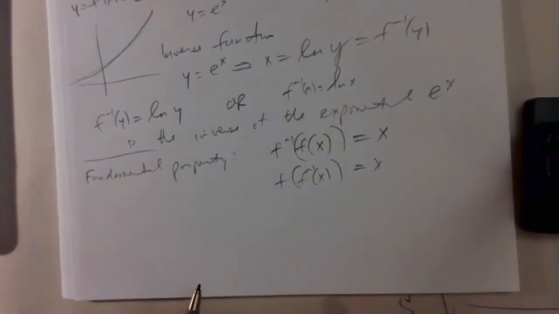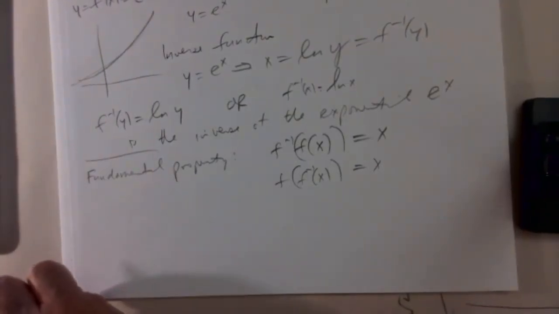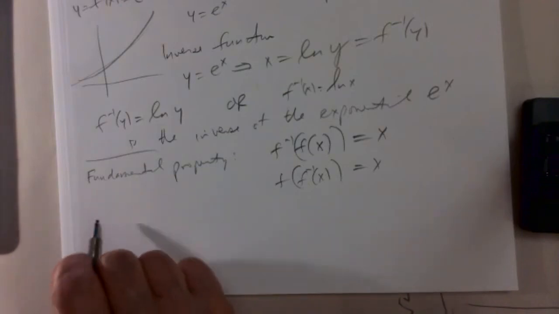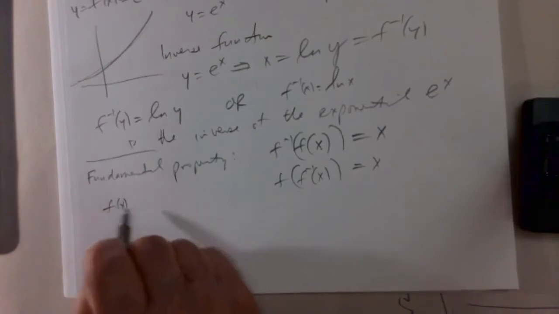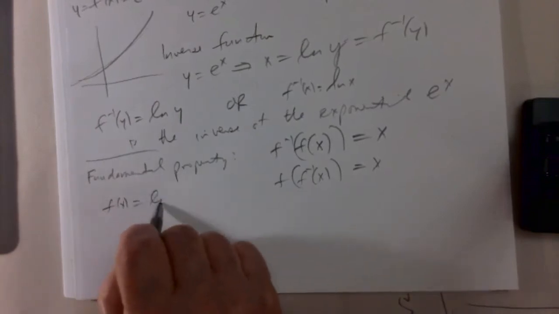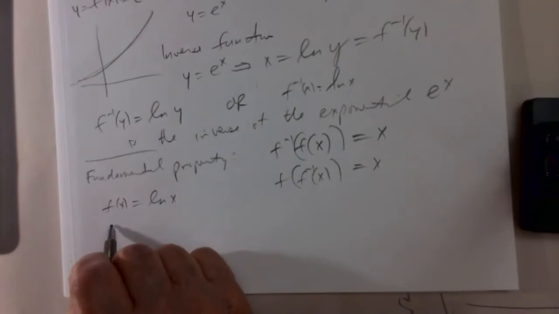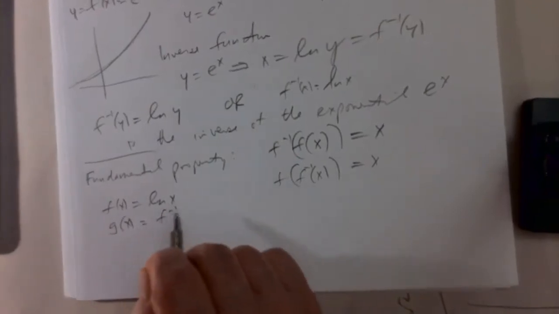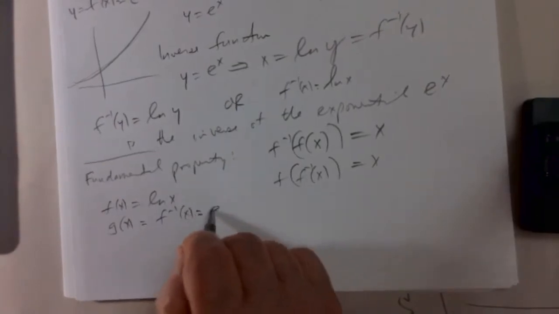And this is exactly how we worked out the derivative of the logarithm. So suppose I have f of x equals the log of x. Suppose I let g of x be f inverse of x. That's e to the x.